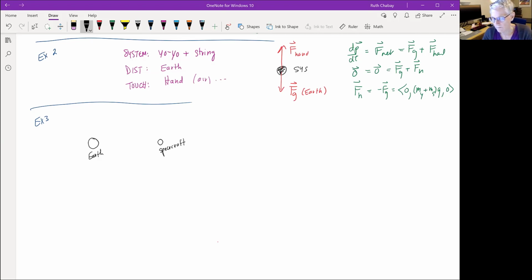And at the end of lab, you actually started the spacecraft with a velocity in that direction, and the spacecraft actually made an elliptical orbit around the Earth. Why did it do that?